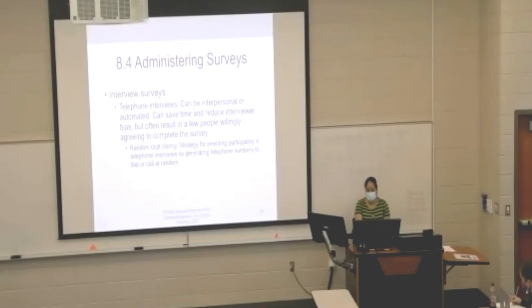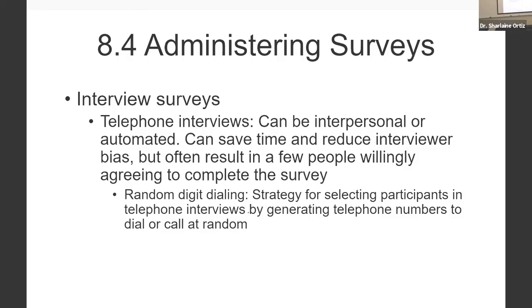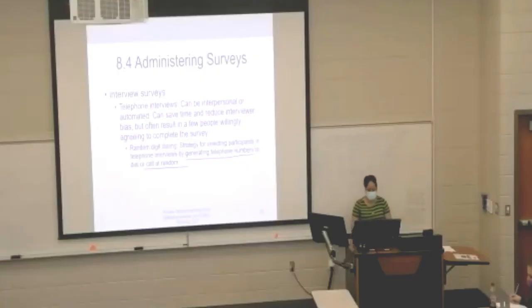Now, some people utilize what we call random digit dialing, which is basically where we generate telephone numbers at random to call at random. If you remember from sampling in previous lectures, the more random a sample is, the more likely the people selected are going to be representative of that population.